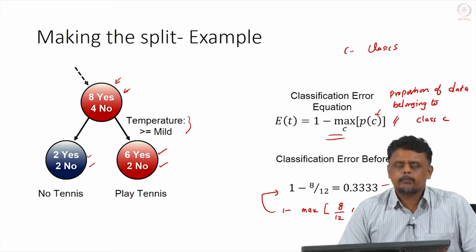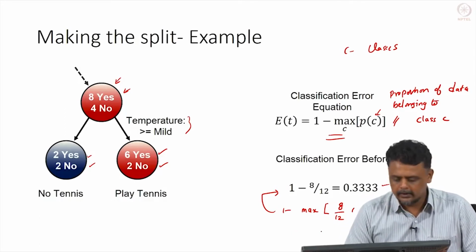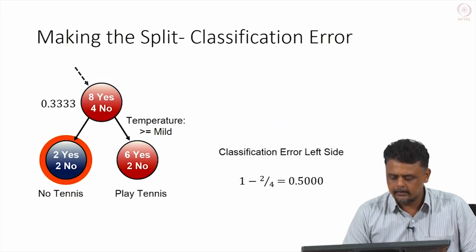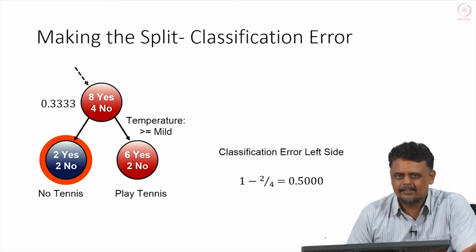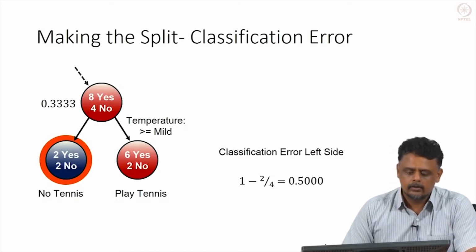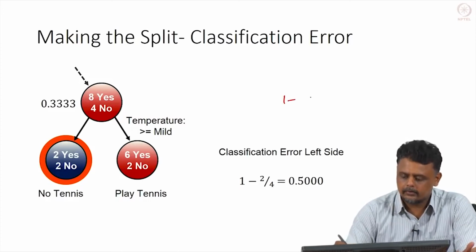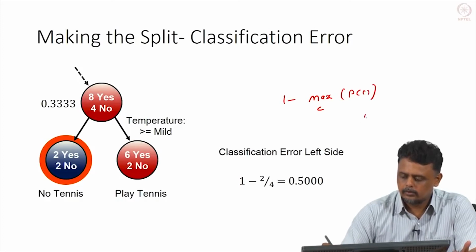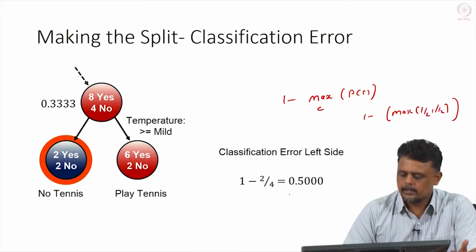So, the question is how are we actually deciding on the feature, and how are we actually going to do the split. In this case we will see how that is calculated. What we have to do is look at the left and the right node. We are looking at binary decision trees, so usually there is only a two-way split. Okay. If you look at the left, the classification error, again using the formula 1 minus max over C of P of C, will give you 1 minus max of half and half, that will give you 0.5.